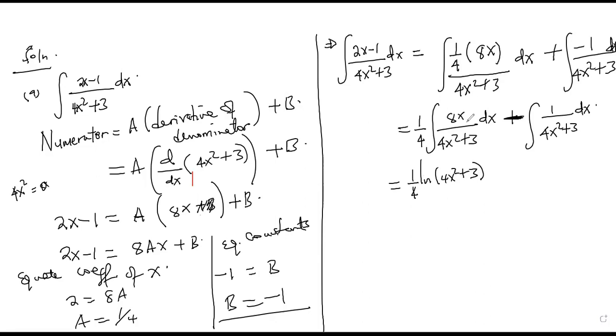In cases where, when you differentiate the denominator, you get the numerator, we employ ln. Minus, for the case of this, you're going to put a tan substitution. So it will be the integral of 1 over 3 plus 4x squared dx.